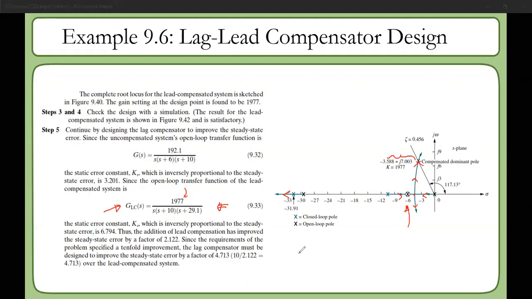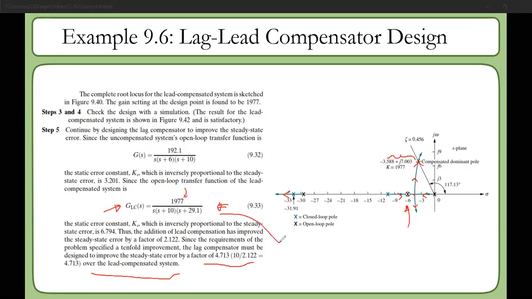They have also calculated your steady state error here. This is the steady state error of your lead compensated system, but we haven't done anything to reduce it. You're just calculating it to see the existing value right now. Then based on that, you can figure out the amount of reduction that you're looking for from your lag compensator.